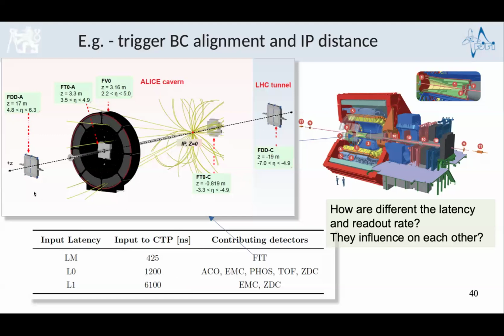From these three detectors, actually only two of them cope with this requirement, which are the detectors that are closer to the interaction point. We have FT0A, which is on one side of the interaction point, and FT0C, which is on the other. These are at around 3 meters and 1 meter more or less from the interaction point, so they are very close.